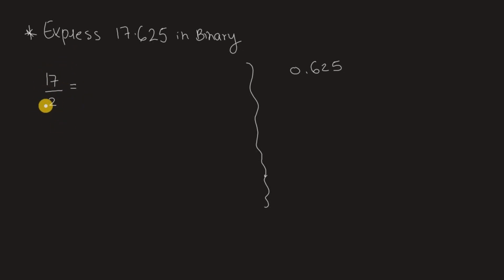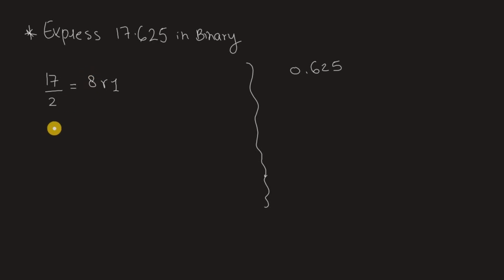Okay, so we have 17 divided by 2 over here. You're performing the division like this, and you have 2 times 8, that's 16, and then you have remainder 1. So this is how you're going to write it: 8 remainder 1.